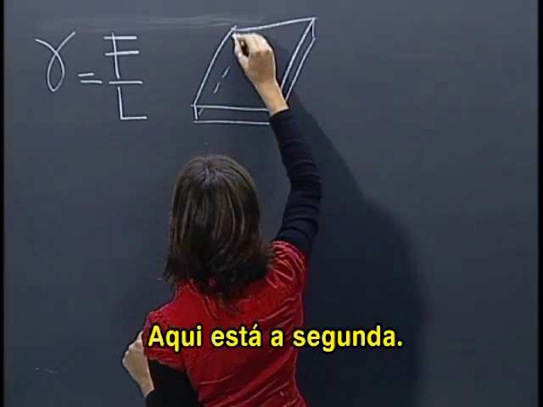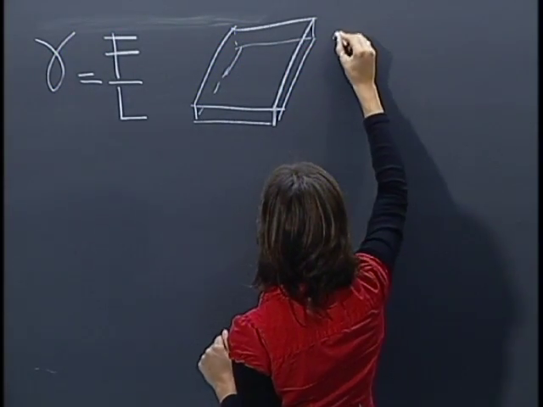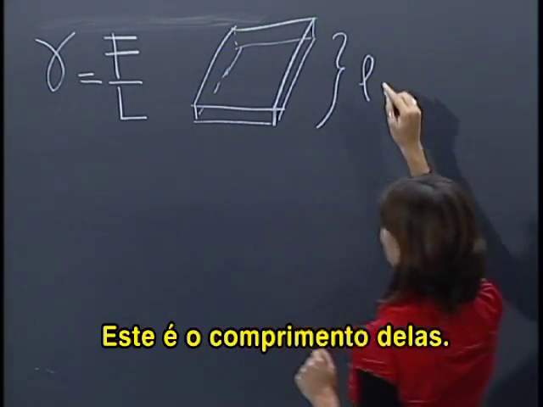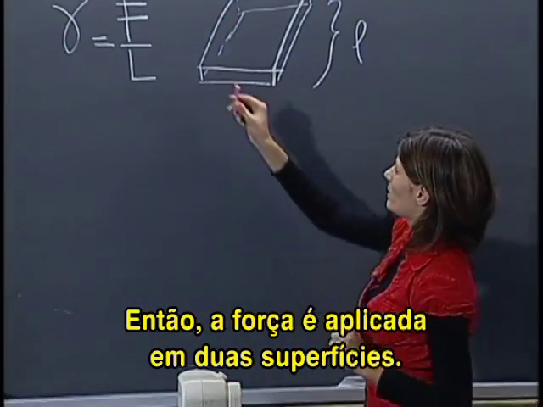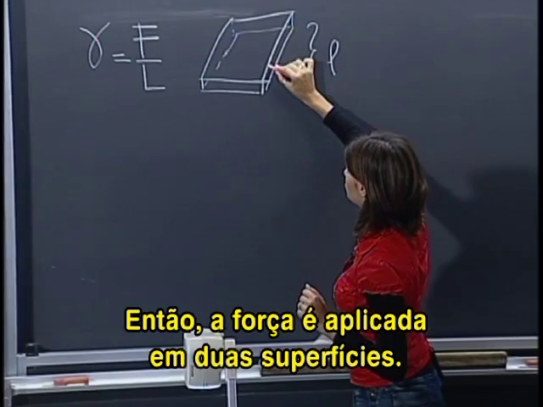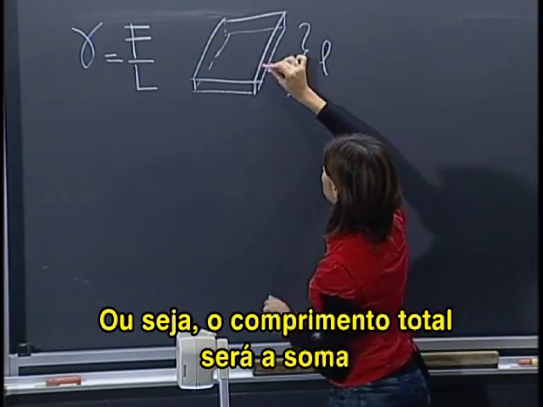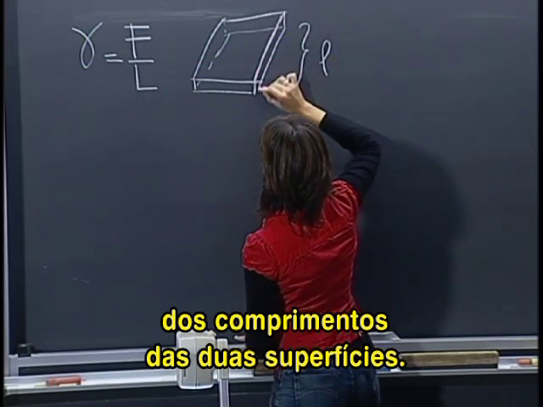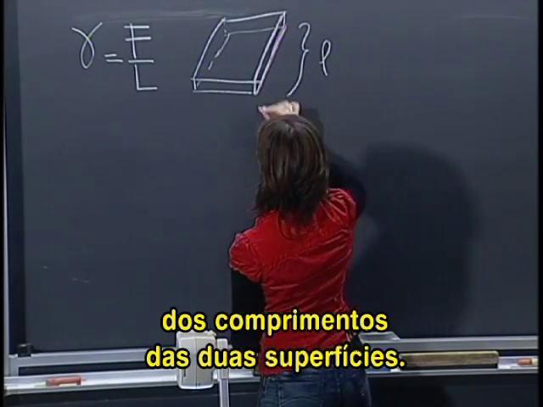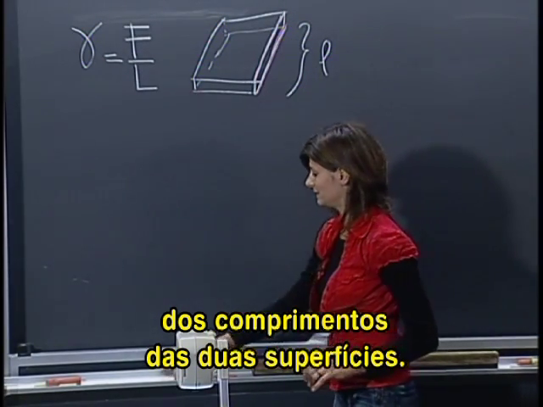Here is the second one. And this is its length. So when we apply the force, we apply it to 2 surfaces. This means that the total length will be the sum of the lengths of the 2 different surfaces.